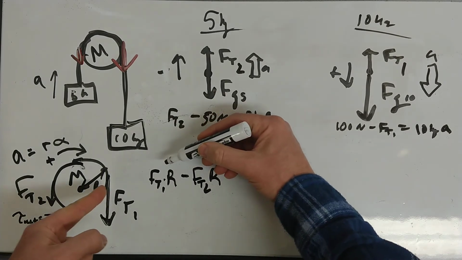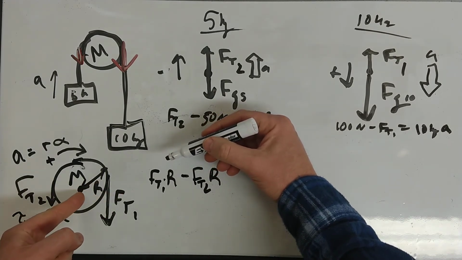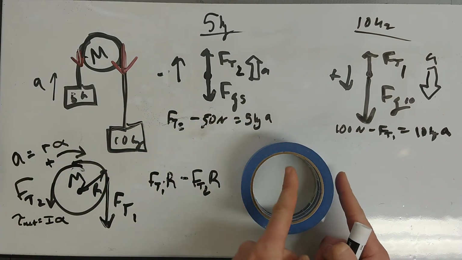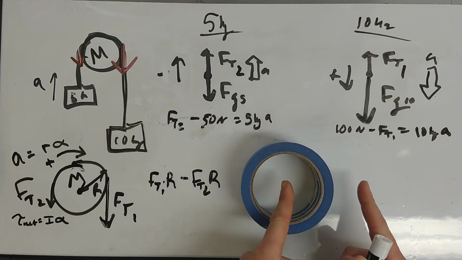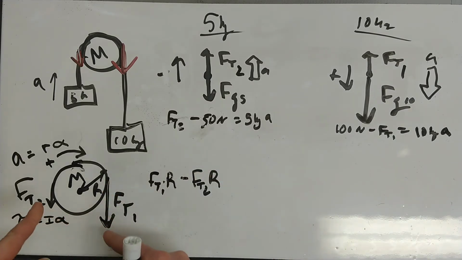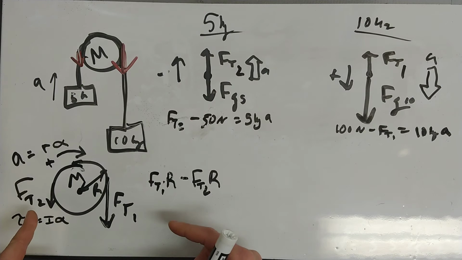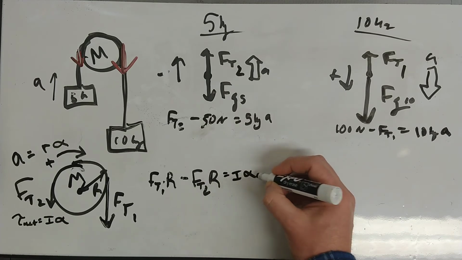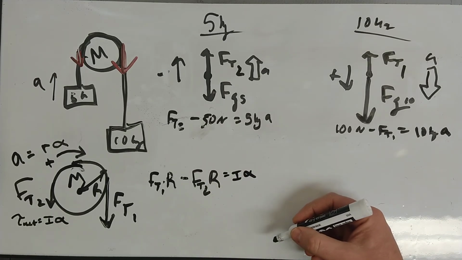Because that's the torque due to this force, the force times the radius. I apply a force to something, and the farther away from that rotational axis, the bigger the torque. Remember from the last worksheet. So the FT1 torque is trying to pull it down, and torque 2 is trying to pull it the opposite way. And that has to equal the I alpha for the pulley.